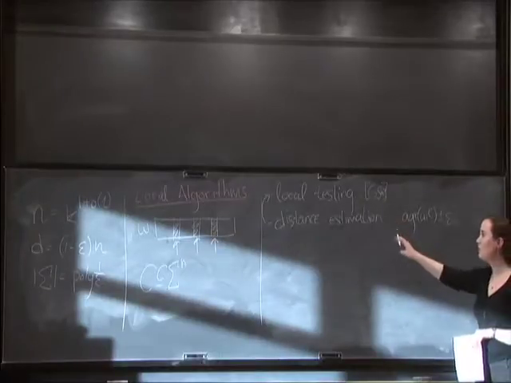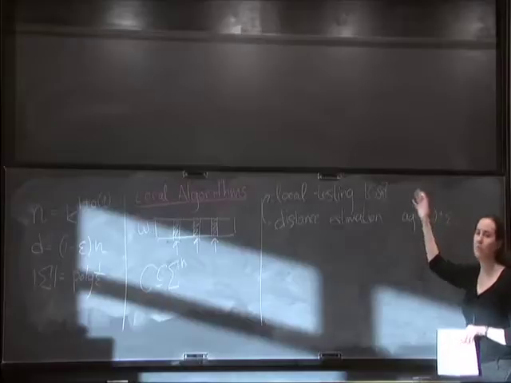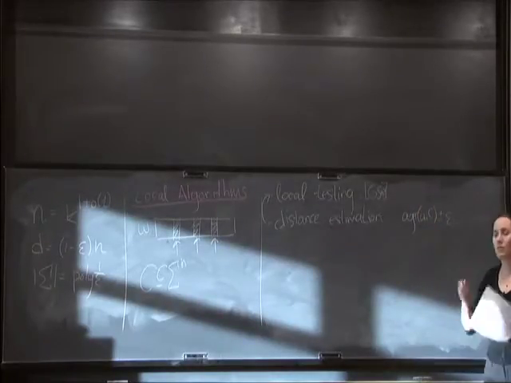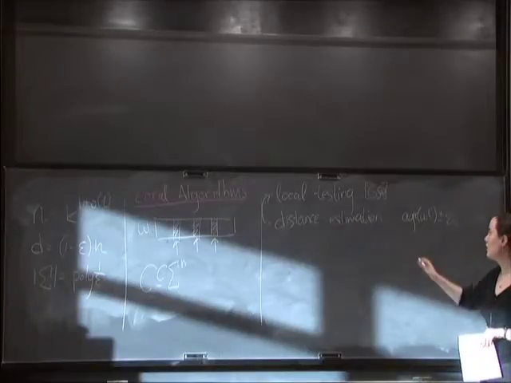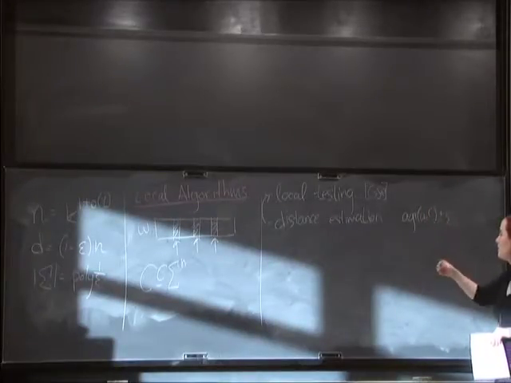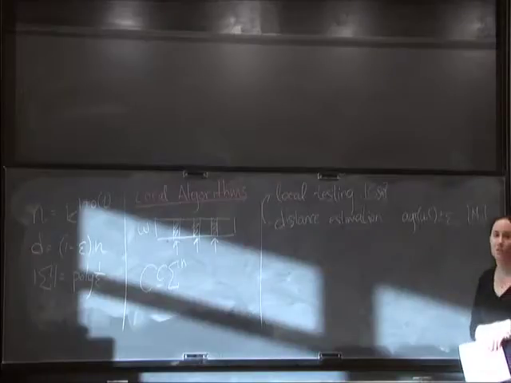So there were many works that started talking, okay, so we have local testing, we want tolerant local testing, they have all kinds of names, and this is a generalization of all of them that first appeared in this paper by Michal recently.